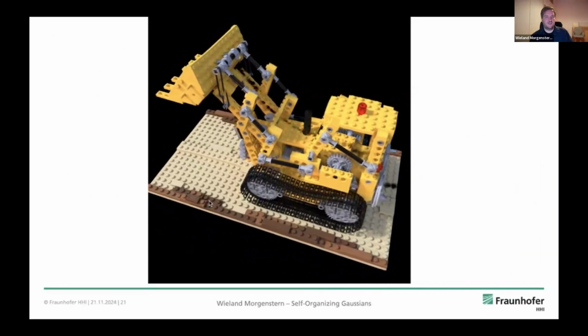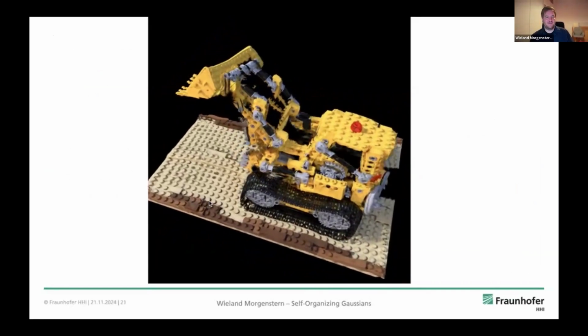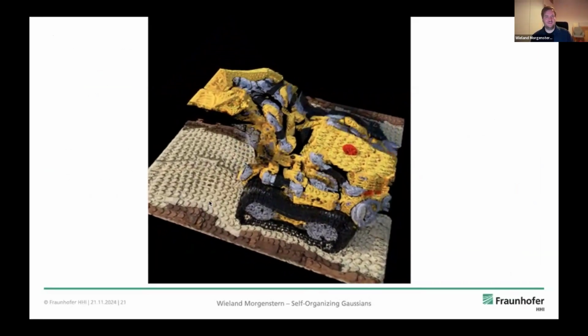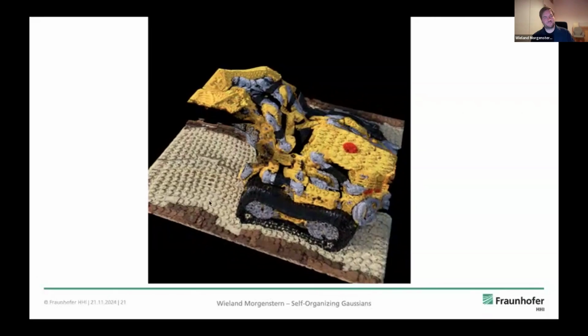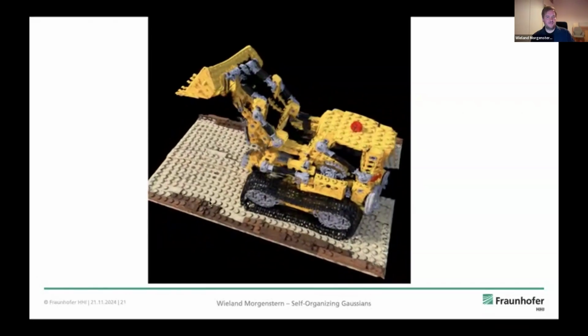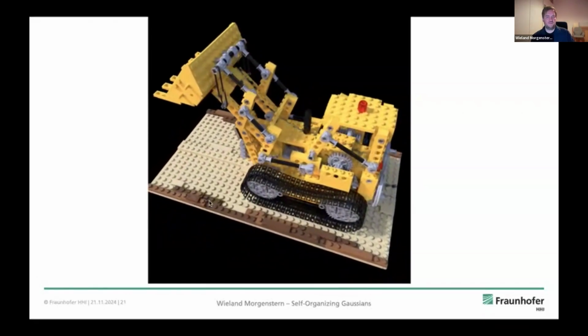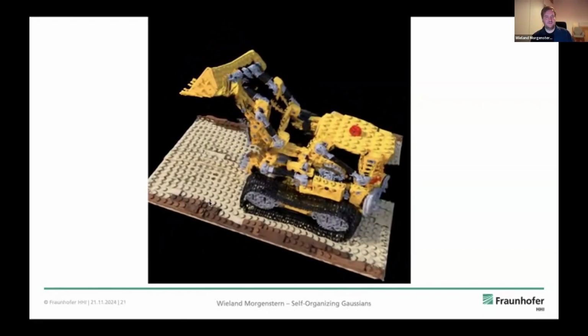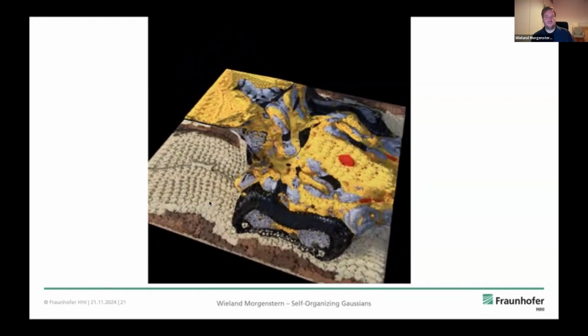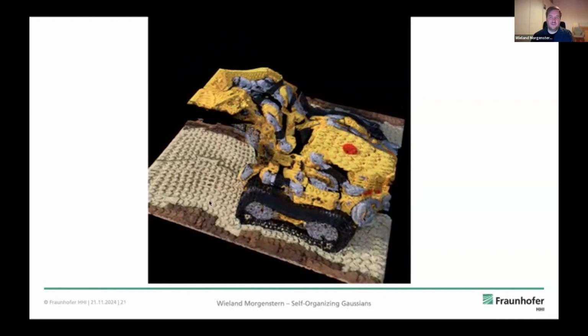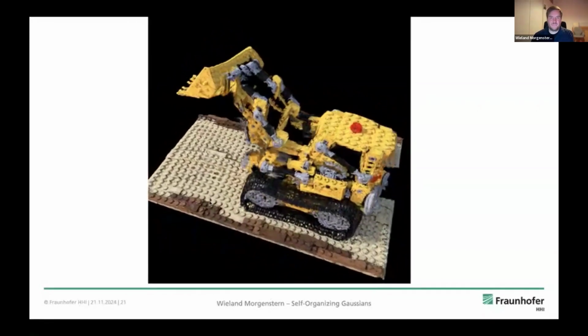So we can see here a 3D rendering of this nice Lego piece, and then we can see how the whole thing gets organized, gets flattened out into a 2D grid. This is a bit maybe like if you're familiar with UV mapping for meshes. First we have this sparse 3D point cloud, and we want to find a representation where this is a 2D grid of the same data.